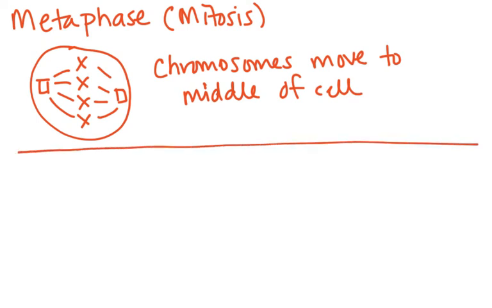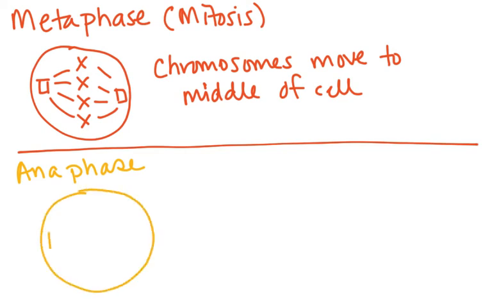Okay, the next one is anaphase. So in anaphase, you have your cell, you have your centrioles, and the X's have separated, so now they're V's.